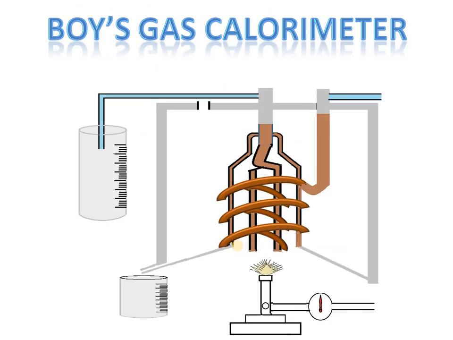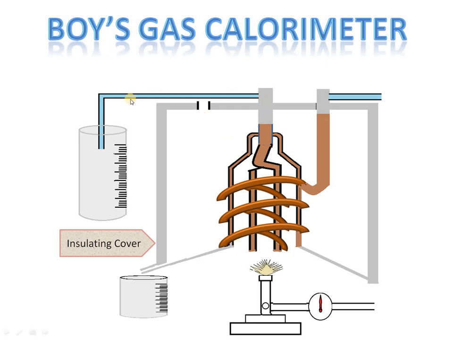The combustion chamber or copper calorimeter is further surrounded by the insulating cover, which will avoid the loss of heat due to radiation. The insulating cover is also provided with an exhaust, which will be used to eliminate the gaseous products produced during combustion of the fuel.